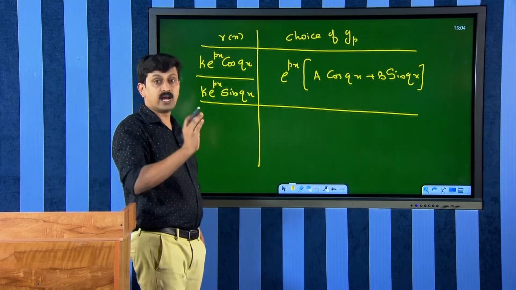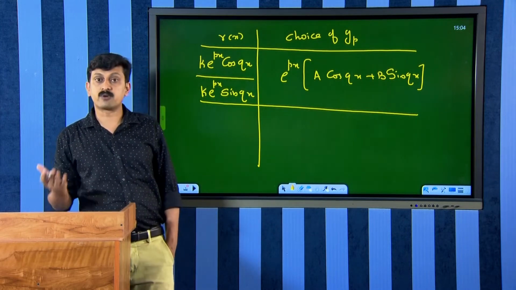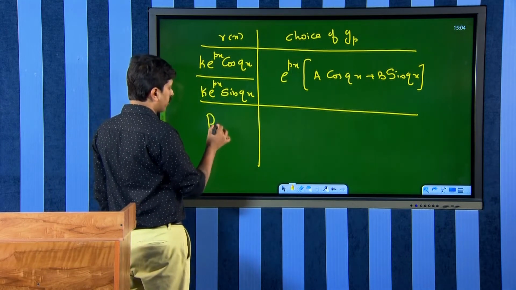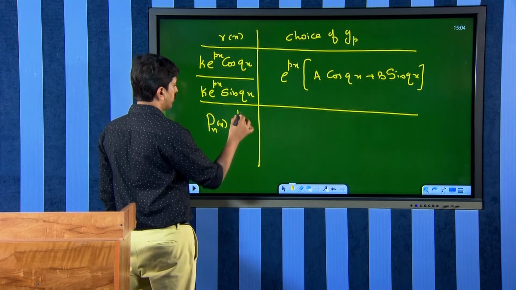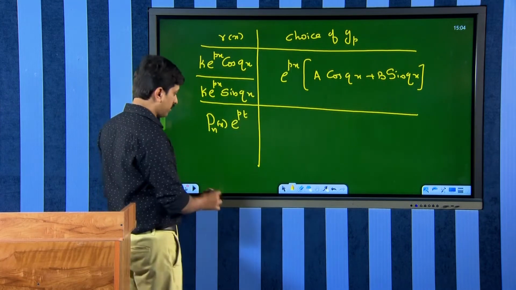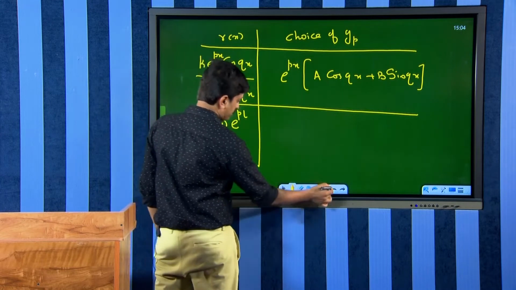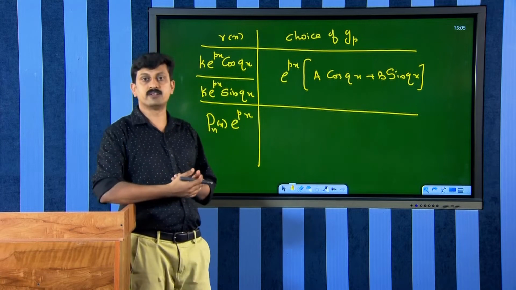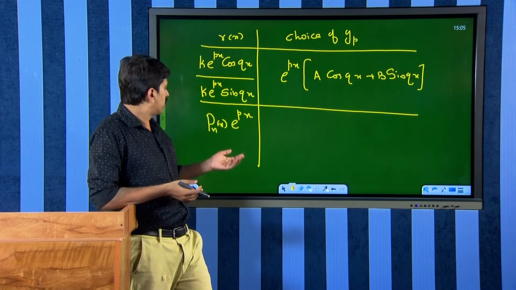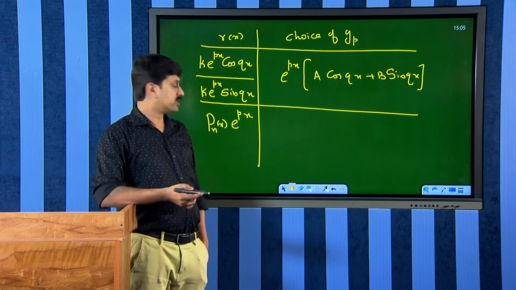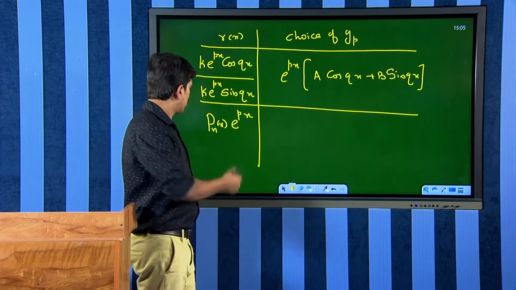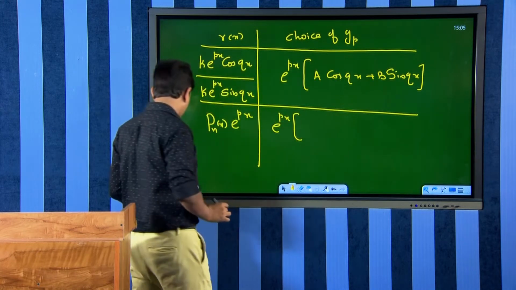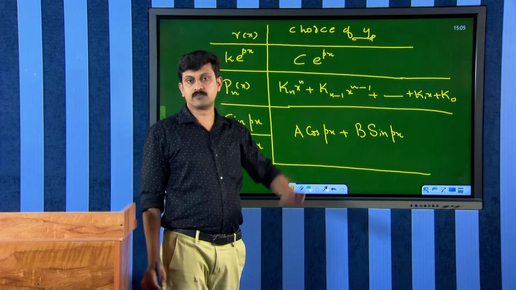And similarly, maybe the choice is a combination of the exponential function and polynomial function, some Pn of x into e raised to px. Sometimes in some equations we will use the independent variable as t, no problem. But here it is Pn of x into e raised to px, where Pn of x is the nth degree polynomial.